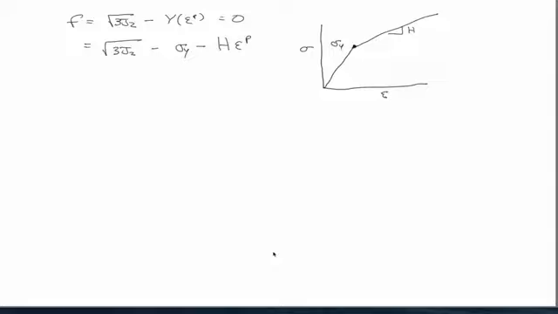So a convenient way, remember, we talked about that F is either less than 0, in which case it's elastic, or it's identically 0, in which case the flow is plastic. And you can actually set up these plasticity problems according to something called the Kuhn-Tucker constraint equations.